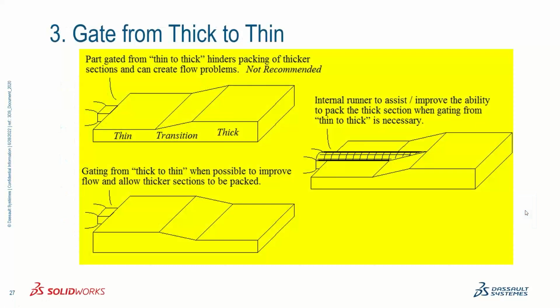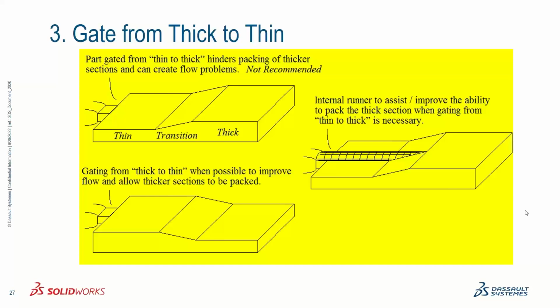So the next best practice is gating from thick to thin regions. You should always, where possible, gate from a thick to thin region. If you look at the graphic in the upper left-hand corner, we have the gate location or injection location going into the thin section, which is then transitioning into a thicker section.